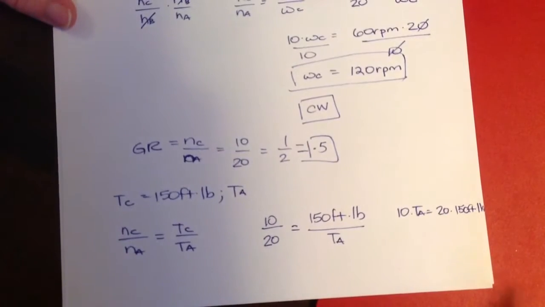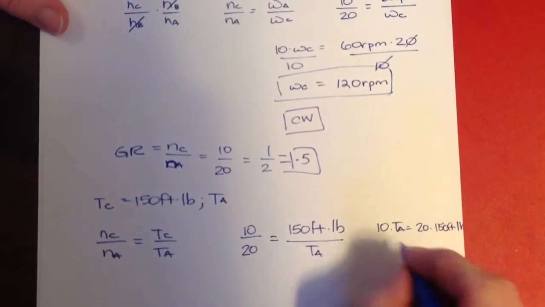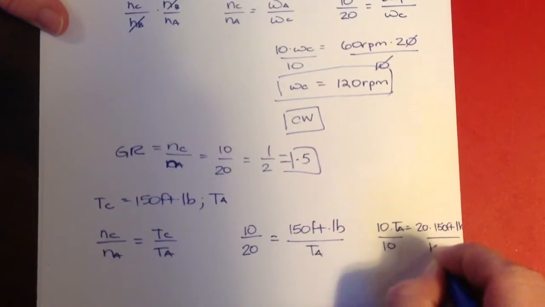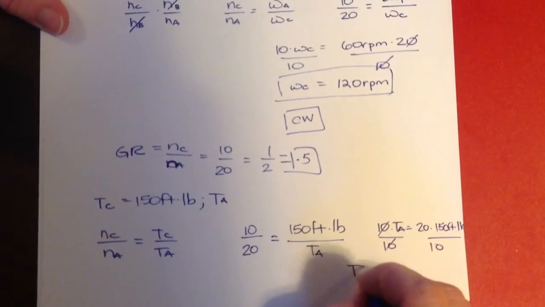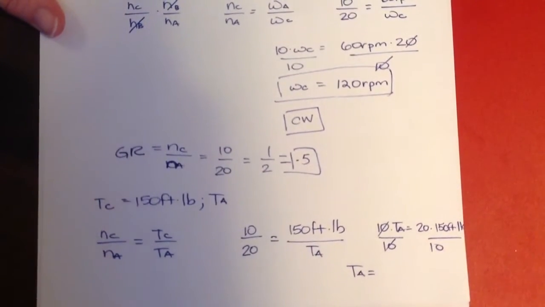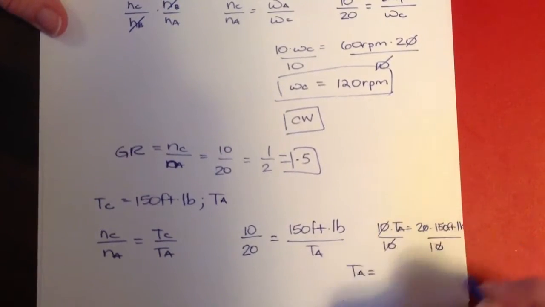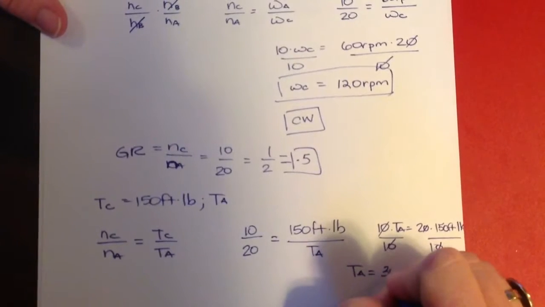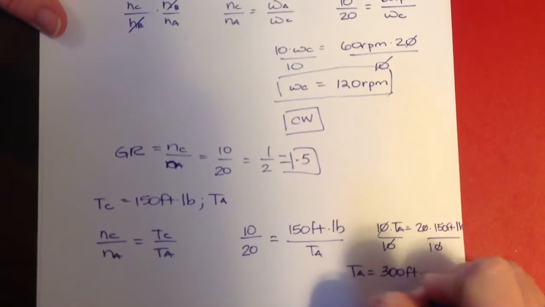Right? Now I need to divide both sides by 10. Those cancel. The torque at A is going to be equal to 2 times 150, that'll be 300 foot-pound.